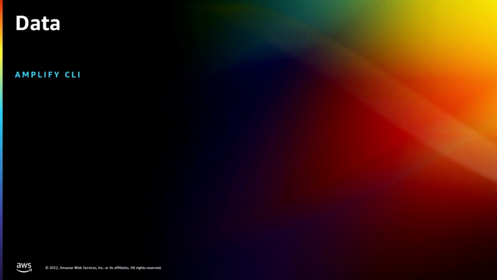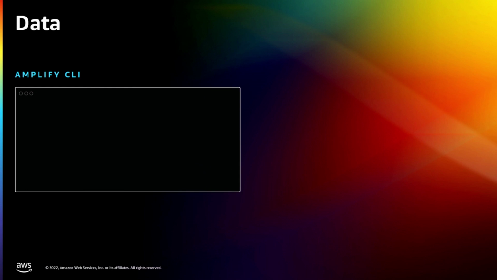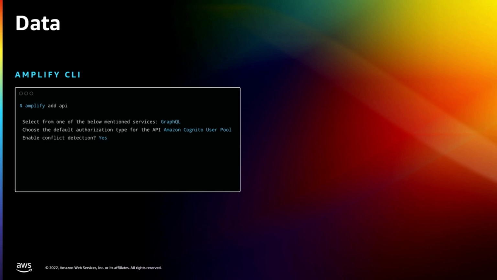And something else we have powering our app, pretty much the most important part, is the data. So we ran amplify add api. Then you can select between a REST API or a GraphQL API. You can optionally add authentication to get to your API. We're just saying that only logged-in users can access our API. You can enable things like conflict detection.